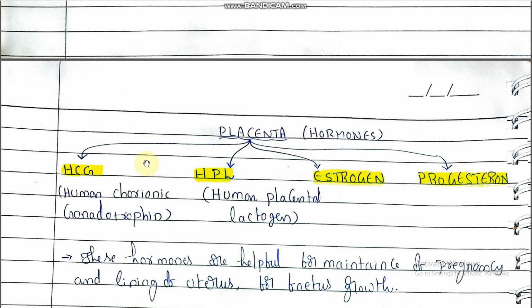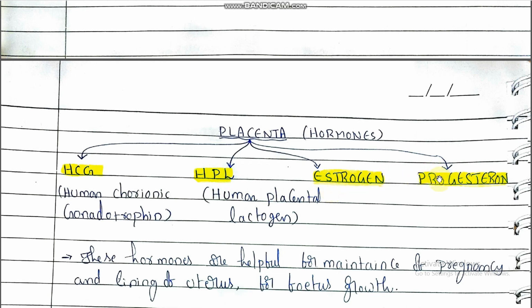HCG is human chorionic gonadotrophin. HPL is human placental lactogen, and then estrogen and progesterone.